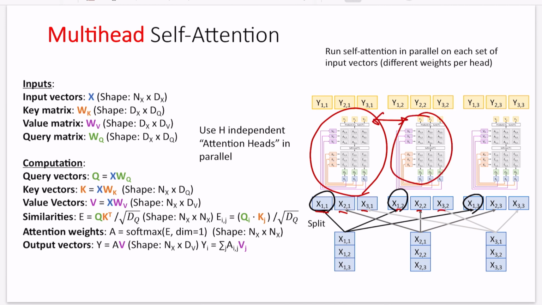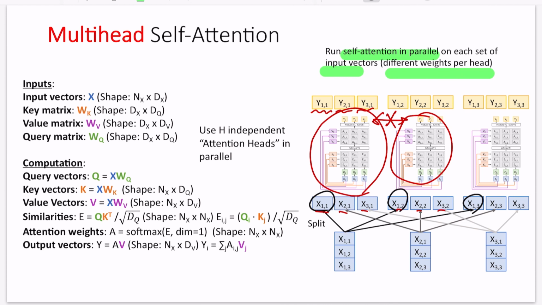So they are not shared. They are independently trained self-attention modules. And of course, because this is a self-attention layer, you are going to estimate y11, y21, and y31. I mean, we can run self-attention in parallel on each set of the input vectors, with different weights for each head.